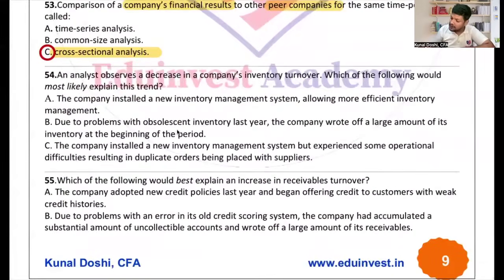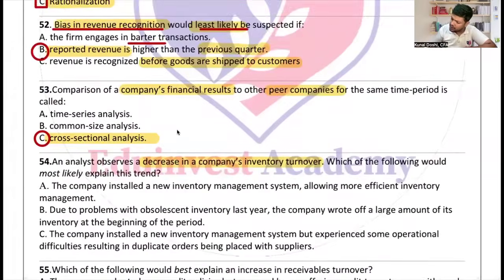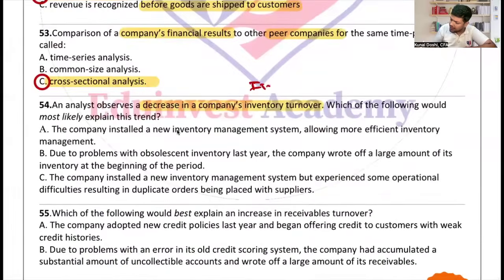Now see this. An analyst observes a decrease in a company's inventory turnover. I'll write inventory turnover. Inventory turnover is cost of goods sold over inventory. So why is inventory turnover reducing? Either because the COGS are going down or because the inventory is going up. Which of the following would most likely explain the trend?